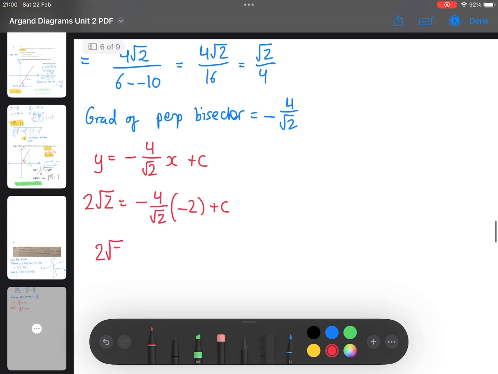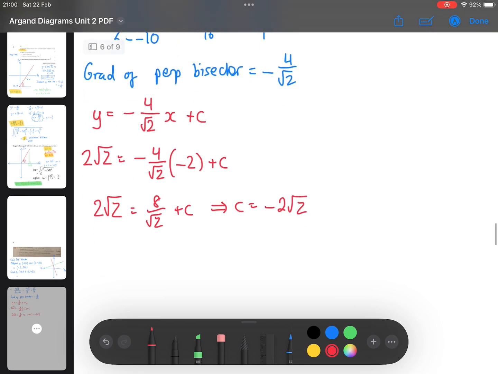So that's 2 root 2 equals 8 over root 2 plus c. And that gives us a value of c as being -2 root 2. So the equation of our line is going to be, and -4 over root 2 is just -2 root 2.